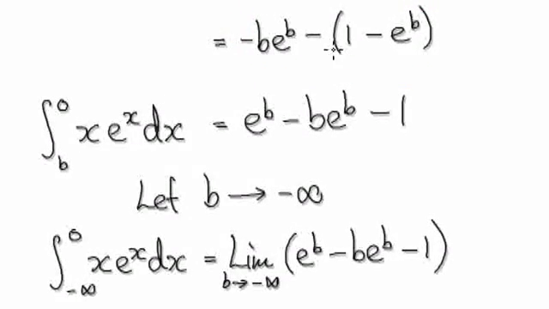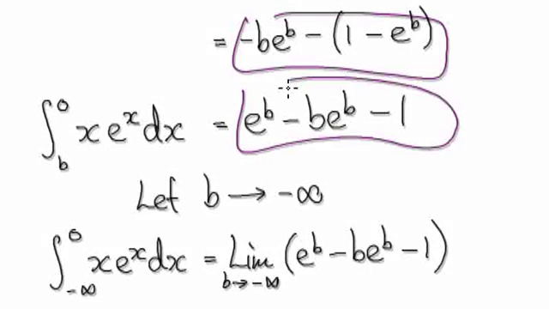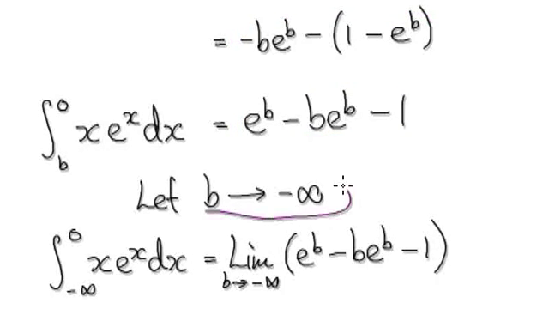Now tidy this up. A negative and a negative and a negative will give you a positive here, and tidying up this bit will then take you to here. Now allow B to head towards negative infinity.